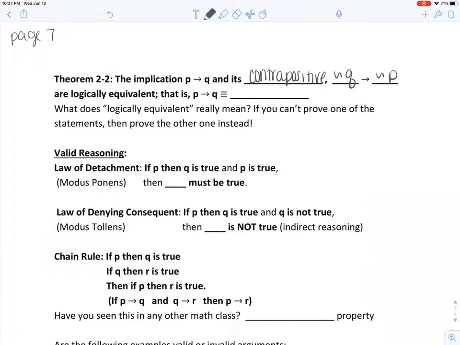That is, if P then Q is the same thing as this. They are equivalent in the study of logic, which is what we're doing.